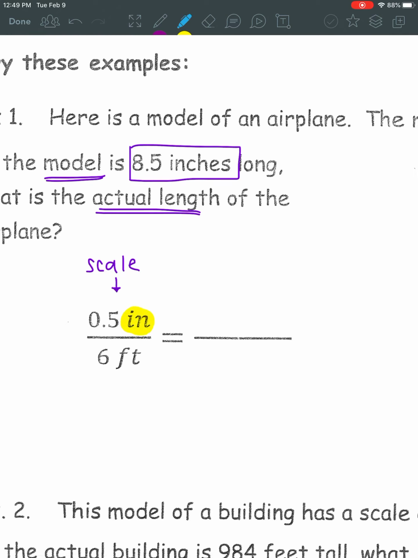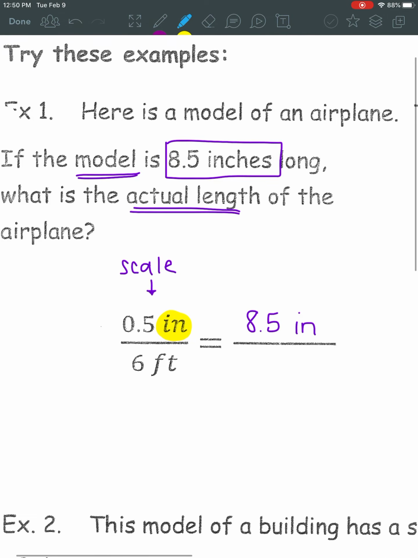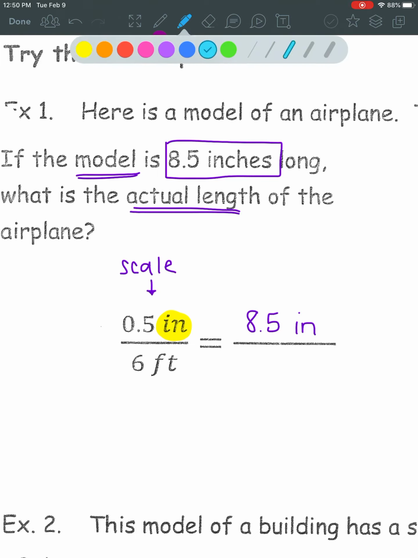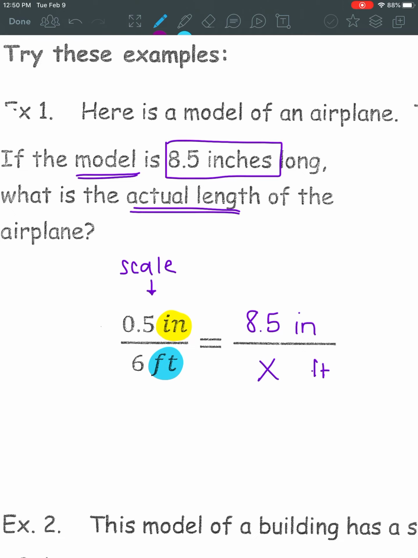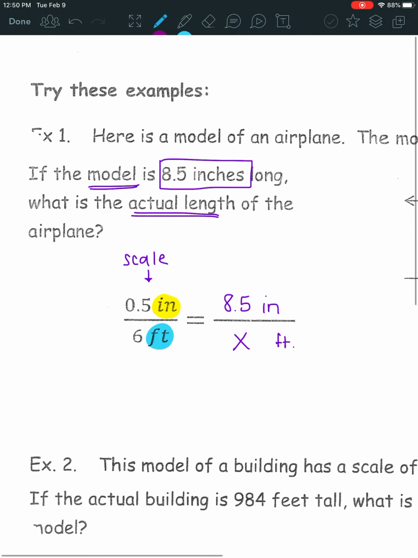So if you are unsure where to go, it's important to use those measurements, labels. So 0.5 inches is on the top, so 8.5 inches also has to go on the top. And what we're looking for is the real life measurement. The real life measurement is feet on the bottom, so we're going to be solving for x, and then we know it's going to be labeled feet.